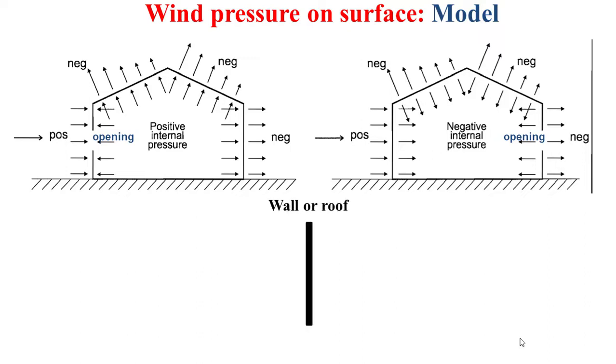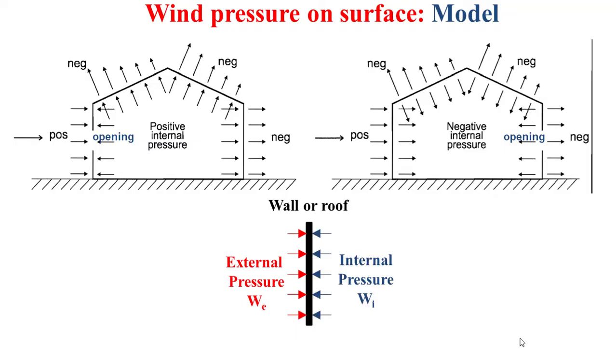Now, if we consider a wall or a roof with an external pressure and an internal pressure also applied on it, the global pressure applied on this wall or roof is equal to the external pressure minus the internal pressure. Don't forget the external pressure and the internal pressure can be positive or negative.